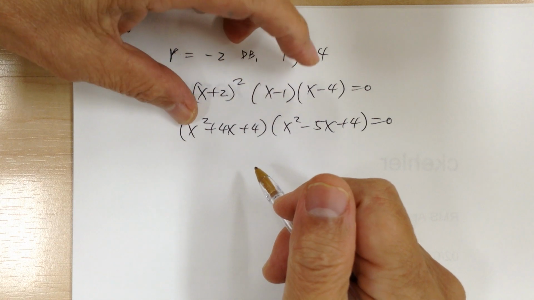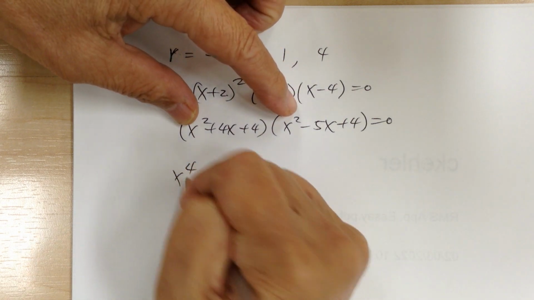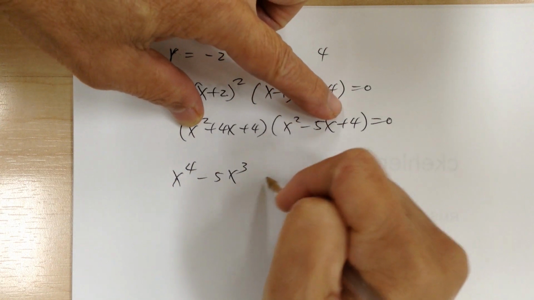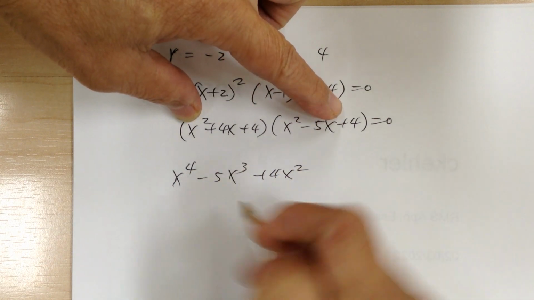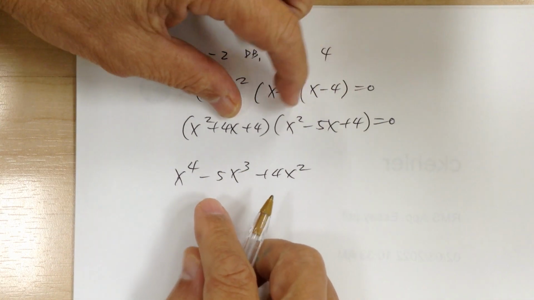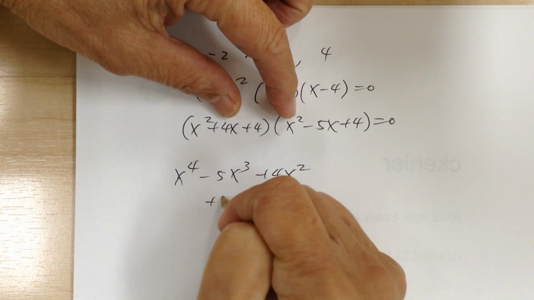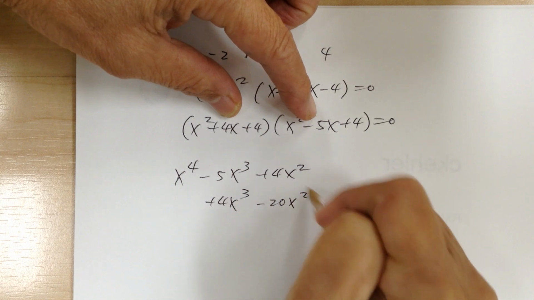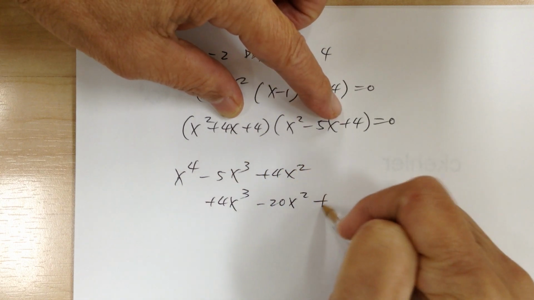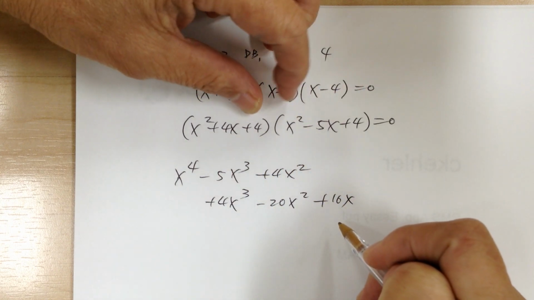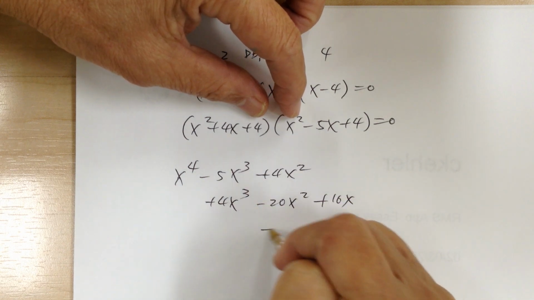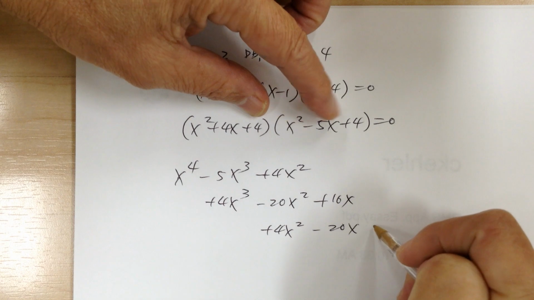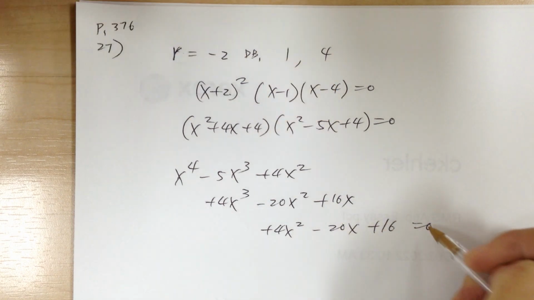So I'm going to use this first. I get x to the 4 minus 5x to the 3 plus 4x squared. I'm done with this one, so I go to the next one. This will give me plus 4x cubed minus 20x squared plus 16x, and then the next one: plus 4x squared minus 20x plus 16 equal to 0.